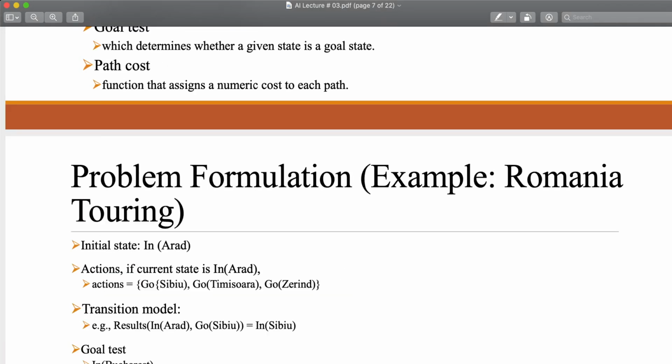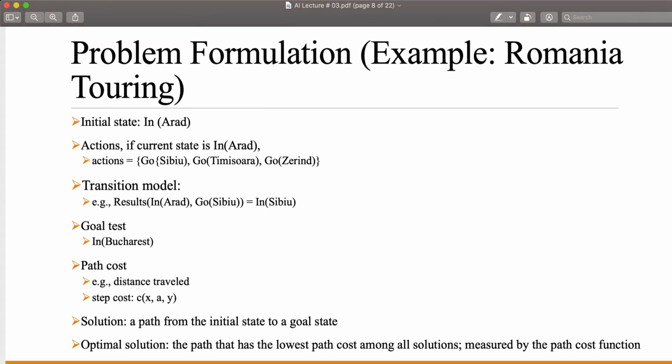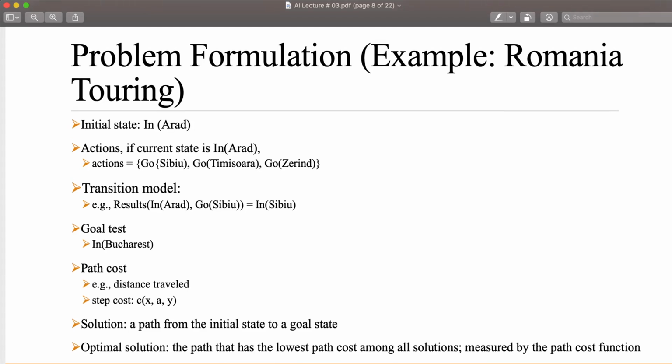Okay, what could be the transition model for this state? Now the model is, if you are in Arad and you decide to go to Sibiu, this is the current state and this is the action.